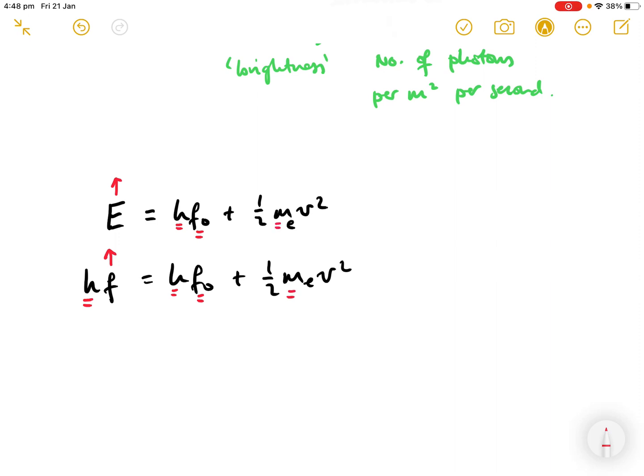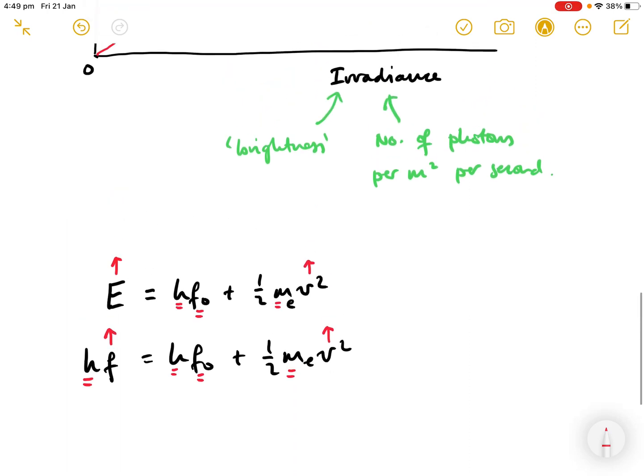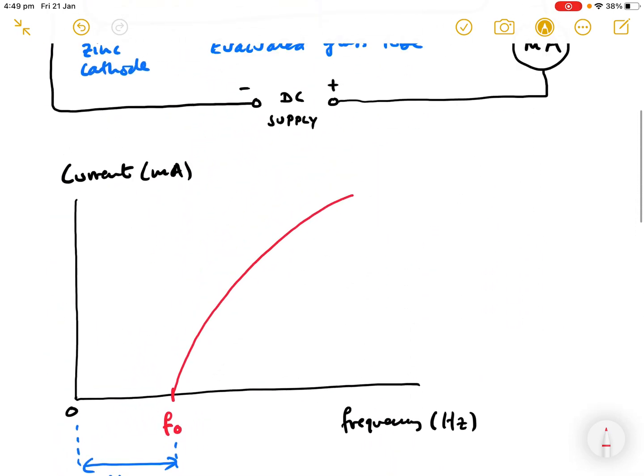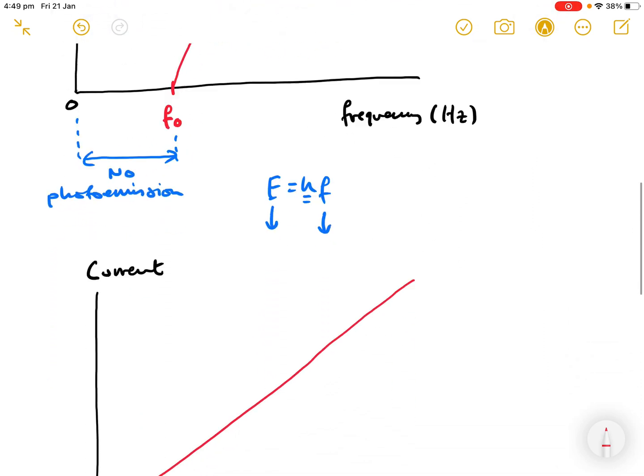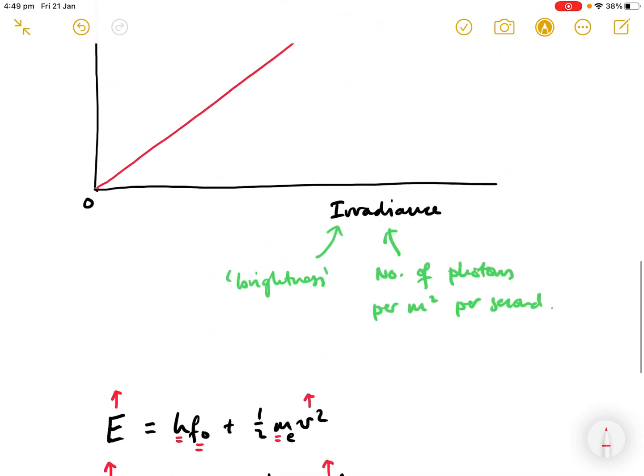So you can see that if we increase the frequency of the photons, we're going to ultimately increase the maximum velocity of the photoelectrons. So increased frequency of photon coming in, increased velocity of photoelectrons.